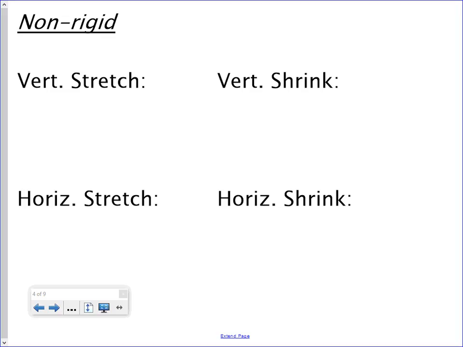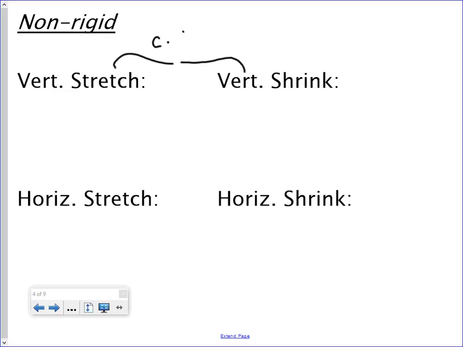If you're doing a vertical stretch or shrink, think again logically about which coordinate you would want to multiply. To stretch it vertically or shrink it vertically, you'd want to multiply it by x or y? Y, because it's going to do the vertical.